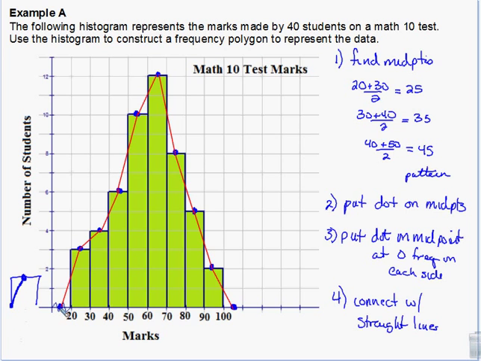Okay, but that's the only time you won't go to the midpoint. And then on the side, you just always add another interval, and that's okay. So if you start at 0, connect to 0. If you don't start at 0, leave a space before it if you're creating a frequency polygon. On the other side, you can just add another space always. So you always go to the midpoint on the other side.